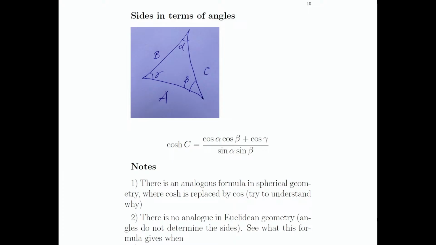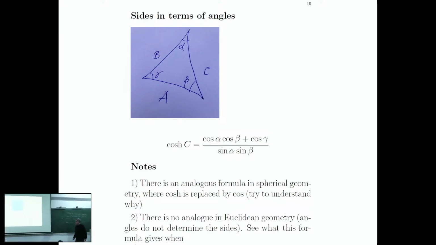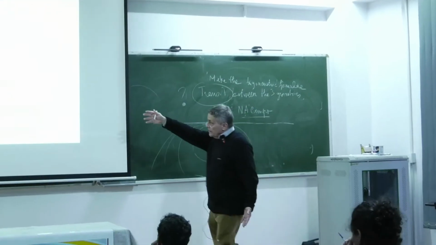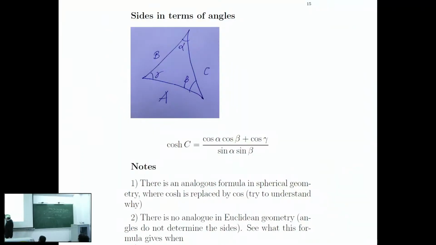the question is, what happens in this theory of transitional geometry? What happens to this formula? There's an analogous formula, as I said, for spherical geometry, where the cosh is replaced by cos.